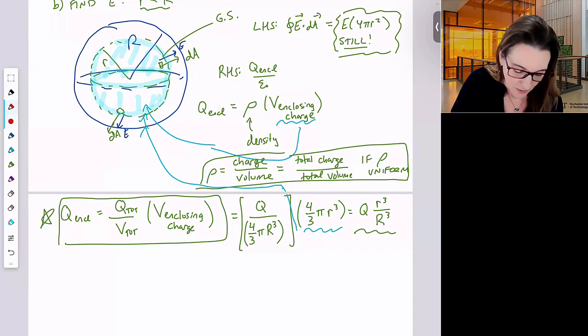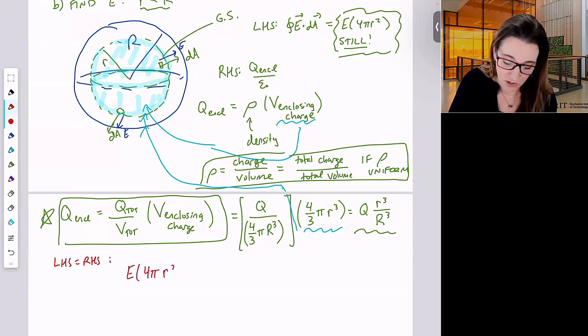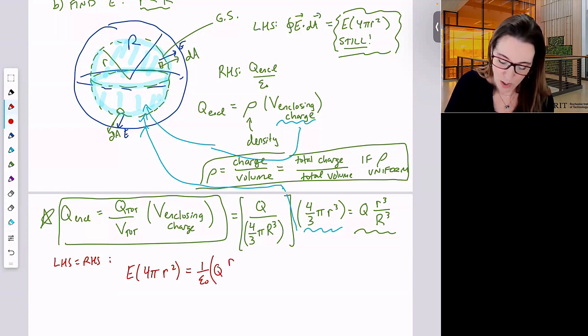I can now set the left-hand side equal to the right-hand side for Gauss's law. The left-hand side is simply E times 4 pi little r squared, and that equals my right-hand side, which is 1 over epsilon naught times my Q enclosed, which is Q times little r cubed over big R cubed.